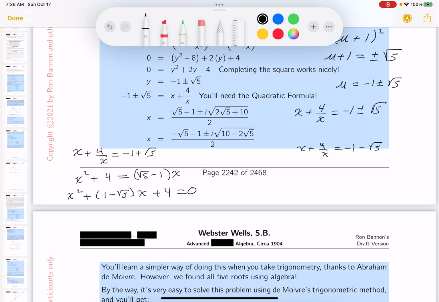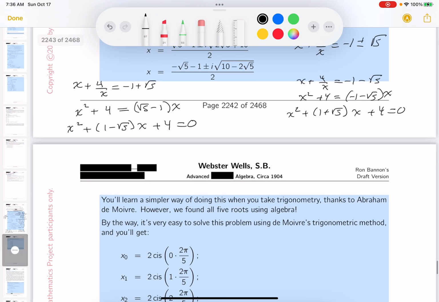Let's go over here and do the same thing. We're going to get x squared plus 4. And I'm going to write this as, let's see, minus 1 minus root 5 times x. I'm going to put it in standard form. What are you going to get here? x squared plus 1 plus root 5, x plus 4 equals 0. Yeah, I know it's annoying, but we got to solve that.